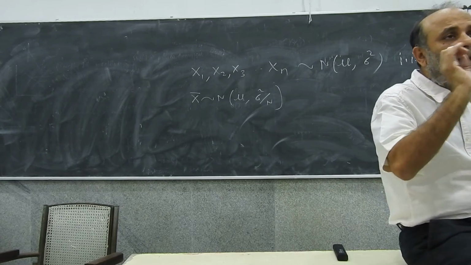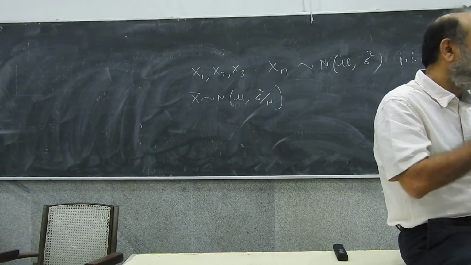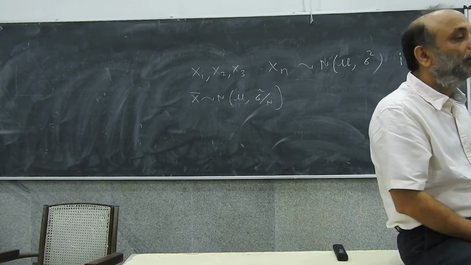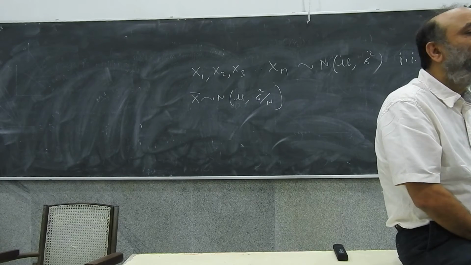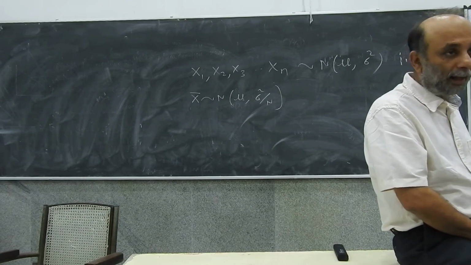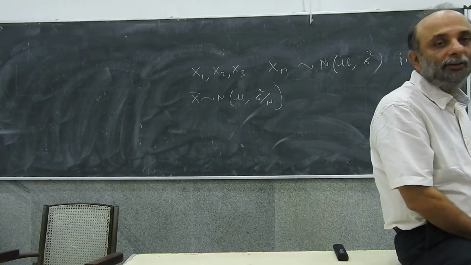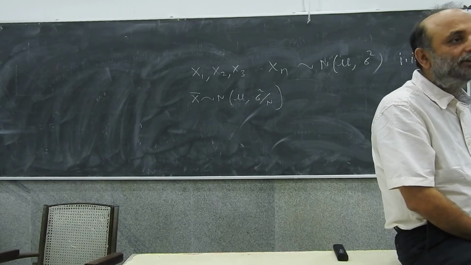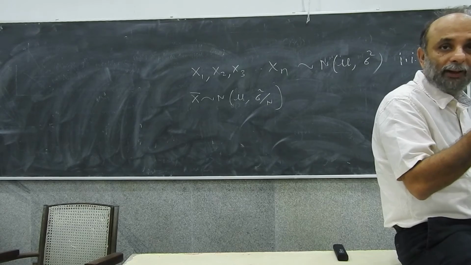So, another important point now. Something that you have already learned actually, but now you also have a proof. Okay? What do I mean by saying that the variance of x bar is sigma square upon n? What do you mean by the variance? Variance means the average distance of an observation. Right? Okay.